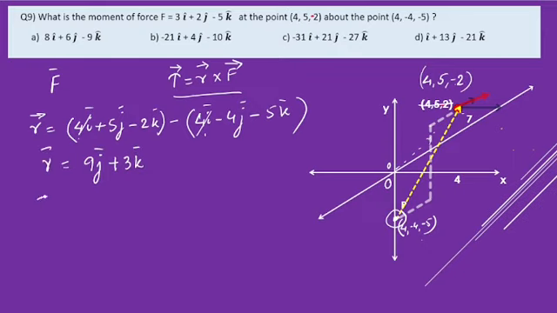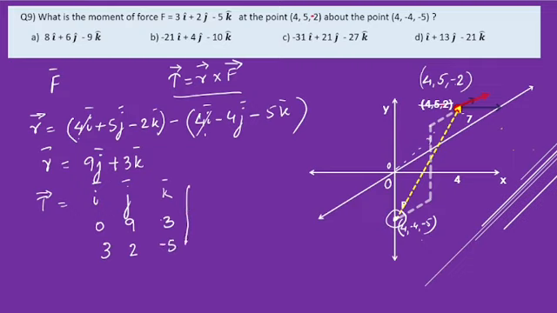So how do you find torque? Torque is the determinant with i, j, k, then R, then the force. What is R here? 0, 9, 3. And the force is 3i plus 2j minus 5k.